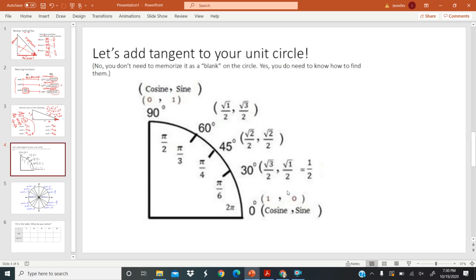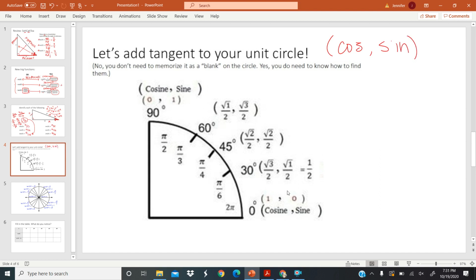Okay, so then here's a time where knowing the sine over cosine rule for tangent is going to come in handy, because you need to know the tangent on the unit circle as well. So remember, on the unit circle, we have cosine as our x values and sine as our y values.